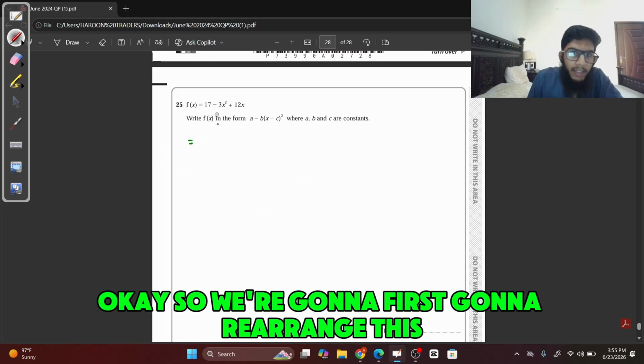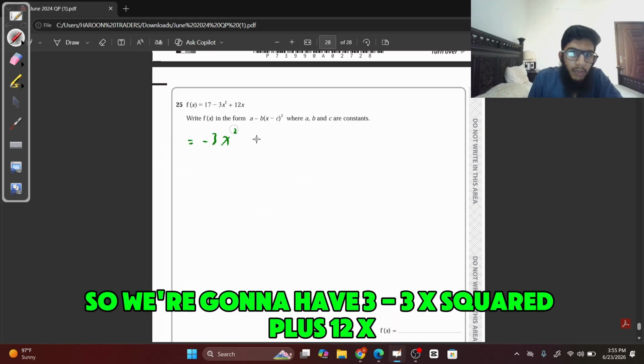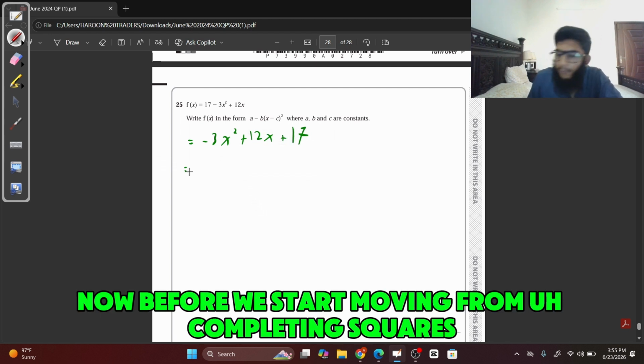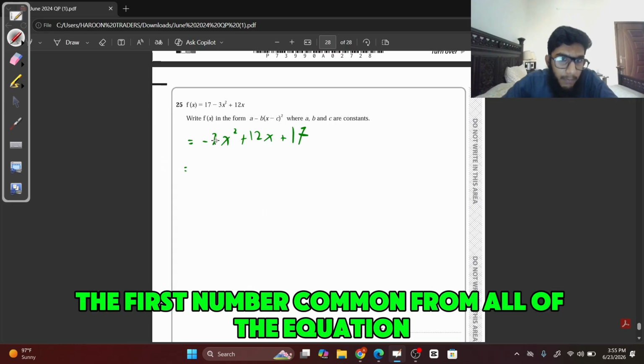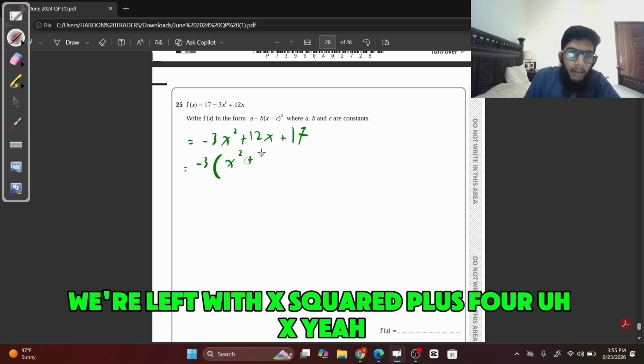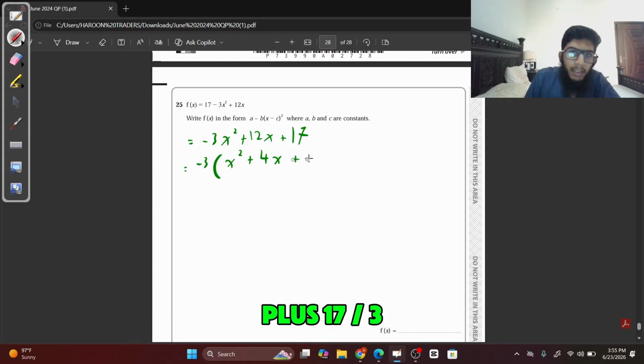Okay, so we're going to first rearrange this. So we're going to have minus 3x squared plus 12x plus 17. Now, before we start completing the square, we have to first take the first number common from all of the terms. So we take minus 3 outside. We're left with x squared plus 4x, plus 17 divided by 3.